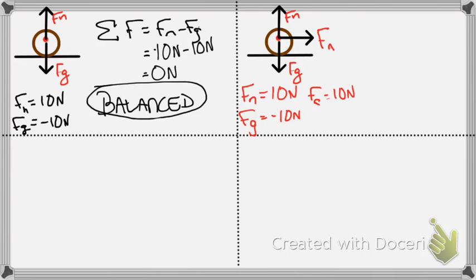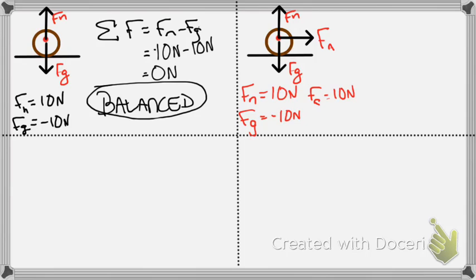So we're going to add up our forces. When you're adding your forces, you can only add forces that are in the same axis. So we can add these two together, only in the y-axis.